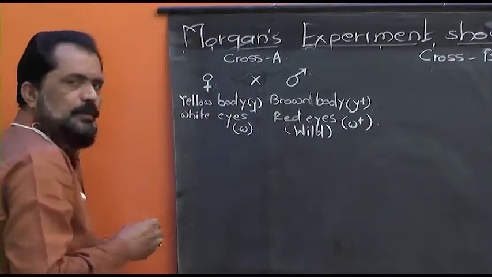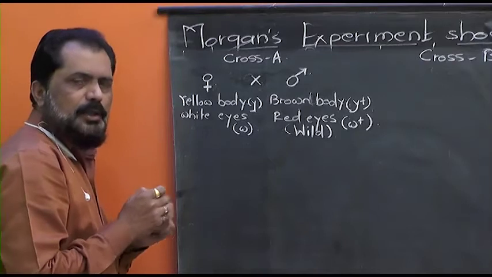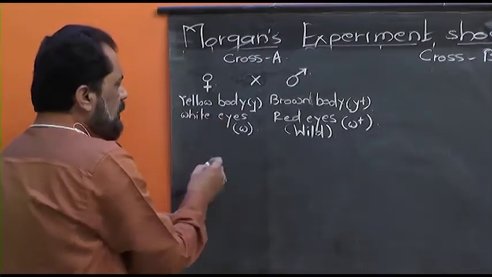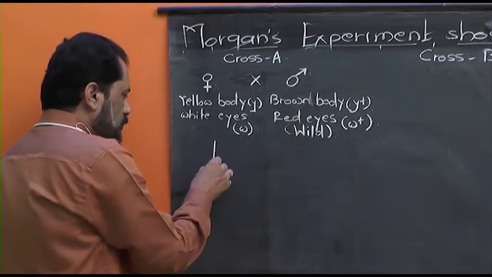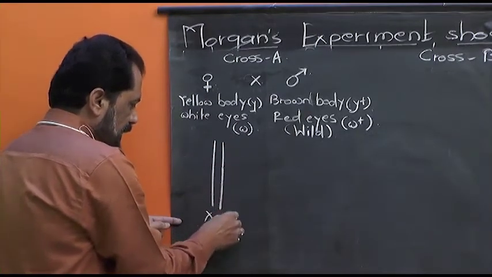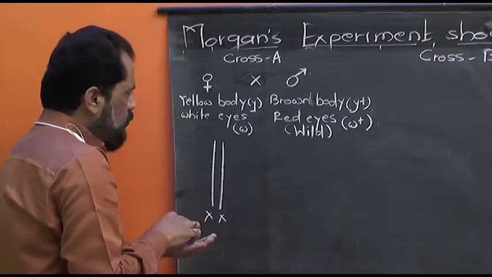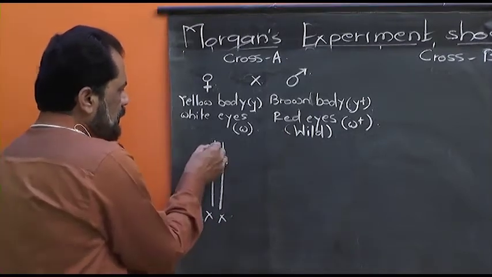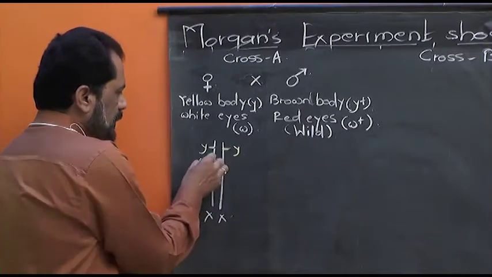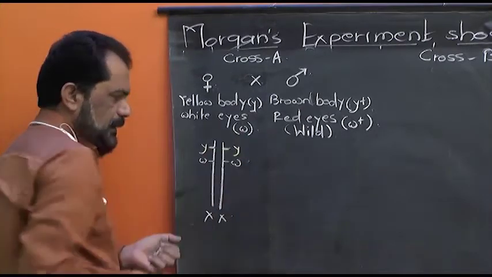Now let me show their genetic constitution, or we can say genotype, diagrammatically. We know that in female, as there are two X chromosomes, these are X chromosome, and I am going to show here the genes y, y and W, W. Is that clear?